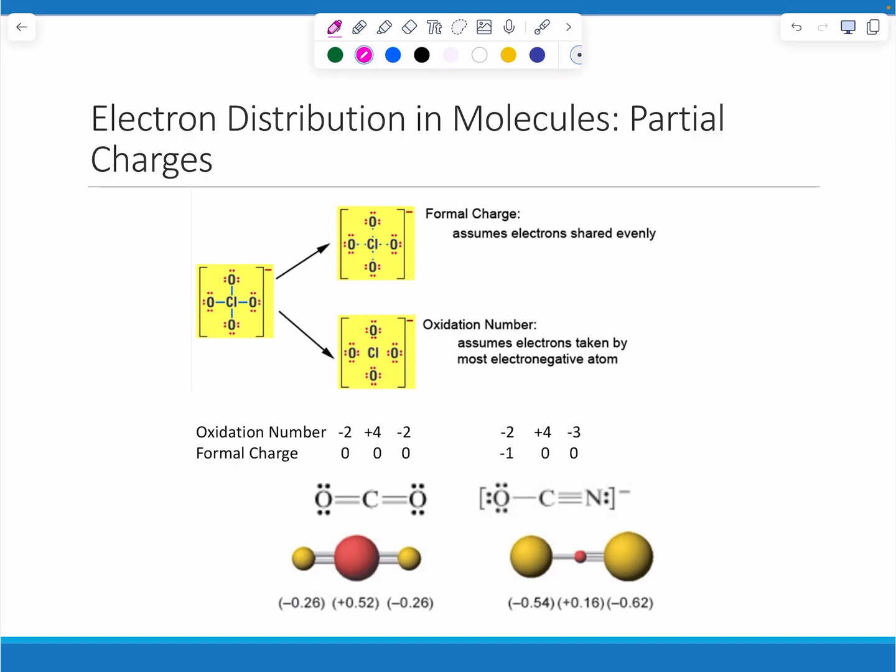But again, remember, if we were to do all the mathematics of quantum mechanics, what we would have is partial charges. Formal charge comes close to the actual value, but sometimes it doesn't get the sign right. Formal charge is what we call the covalent limit.